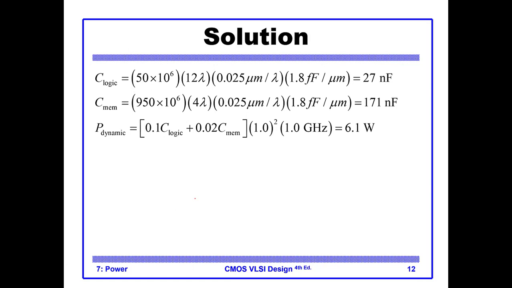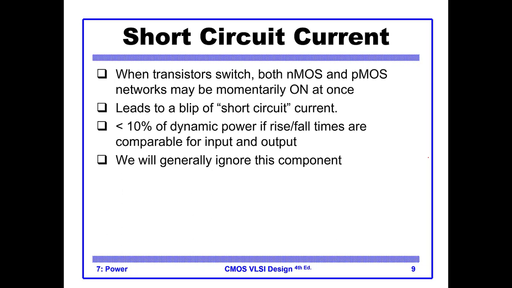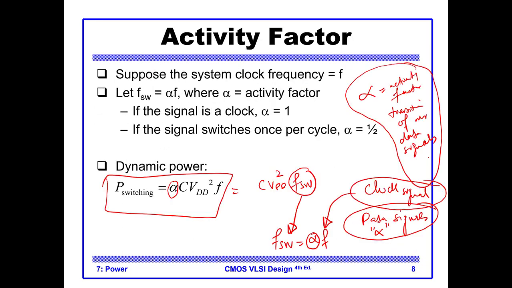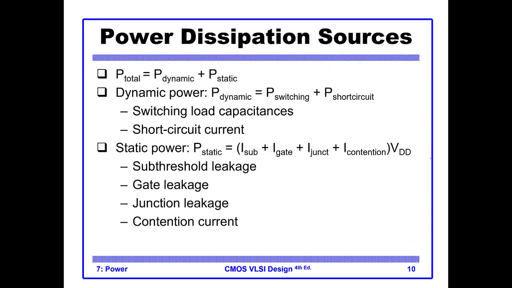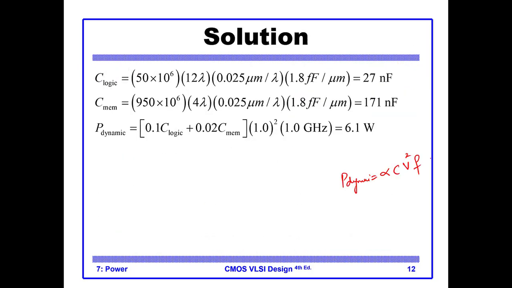So first, we know that the dynamic power is alpha C V square F.